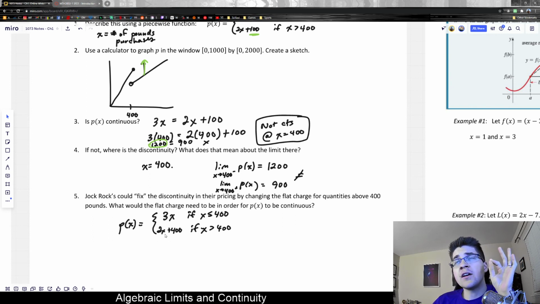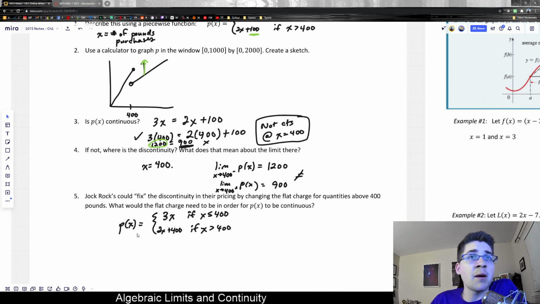And then here, once you switch over to $2 per pound, if you add 400 at the point of 400, you'd have 800 plus 400, 1200. It would be equal. It would satisfy this equation. And basically I could identify how much I need to add by looking at the discrepancy between the 2 points, as I did with step 3. You could adjust these in a lot of other ways, but that's kind of the simplest way to fix that.